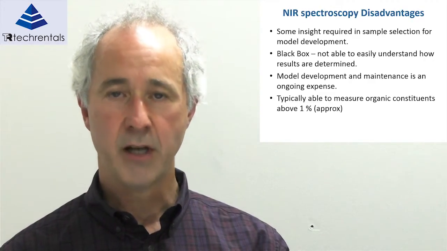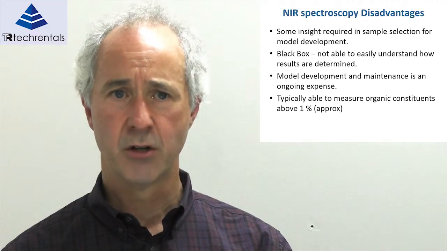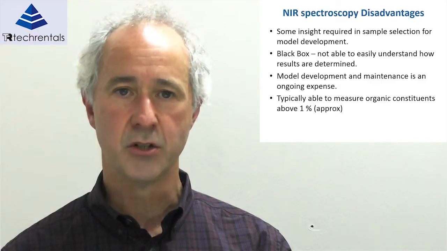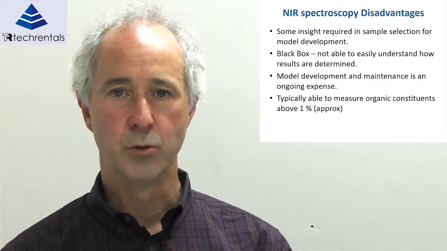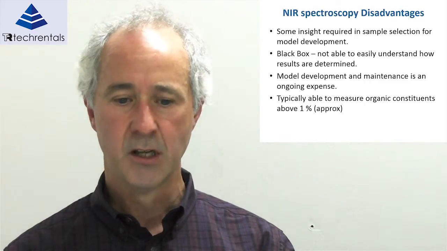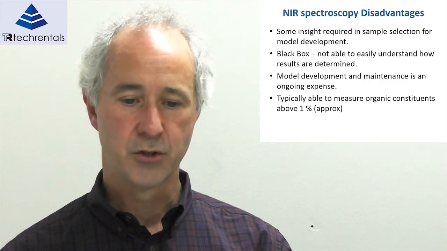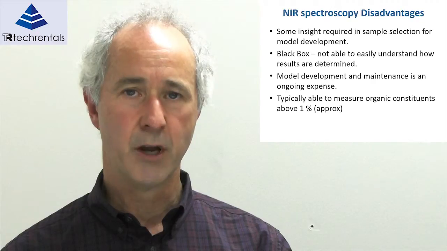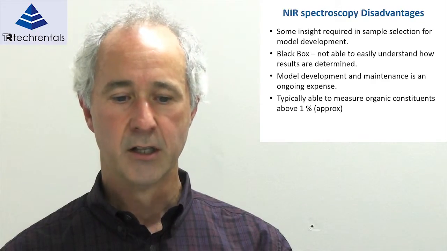Model development and maintenance is an ongoing expense. As I mentioned before, depending on the process, continual validation is critical to make sure your models are predicting accurately. And it's typically able to measure organic constituents to about the 1% area.